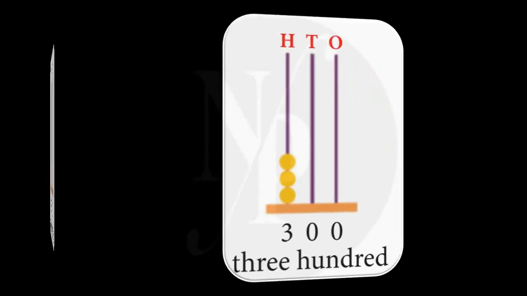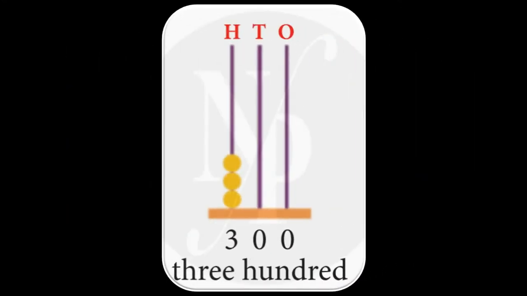For 300, there will be 3 beads on hundreds place rod, like this, which represents 300. There are 3 beads here, which represents 3, and there are 0 beads on tens place rod and 0 beads on ones place rod.